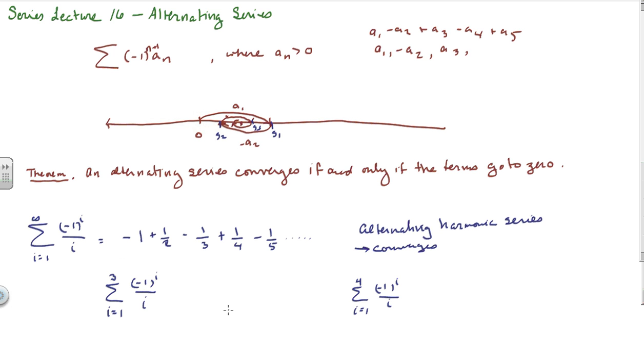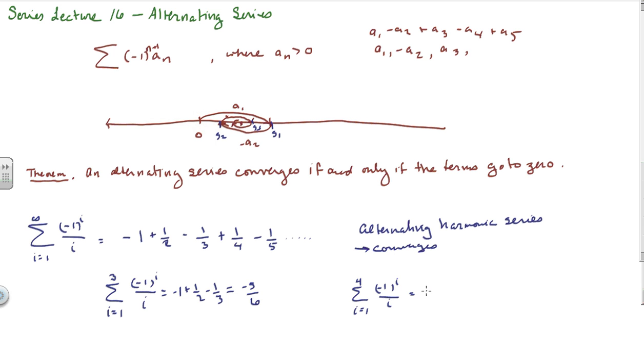So this is going to be -1 plus 1/2 minus 1/3. A half minus a third is 1/6, so that's going to be minus 5/6, right?